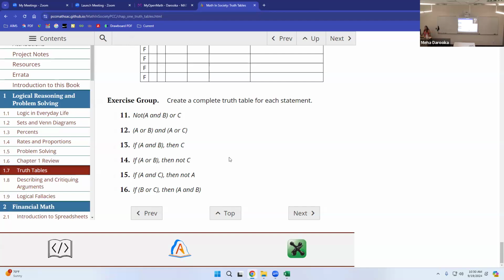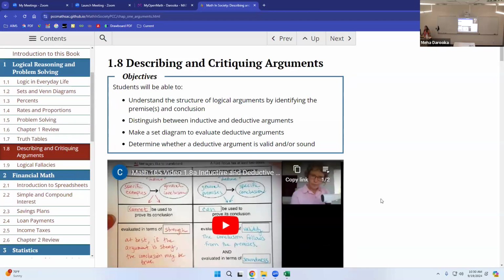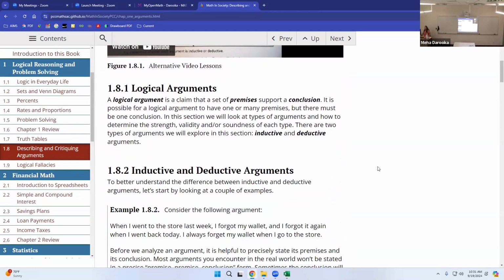So that actually brings us to the end of section 1.7, literally. So let's get into section 1.8 then. Okay, so basically a logical argument is a claim that a set of premises supports a conclusion.